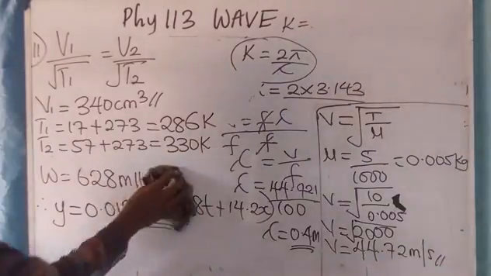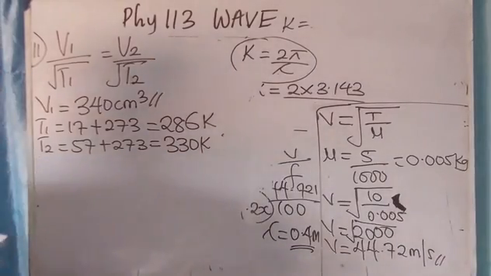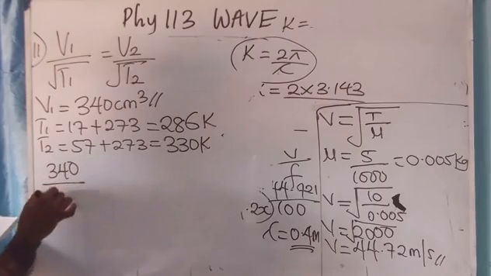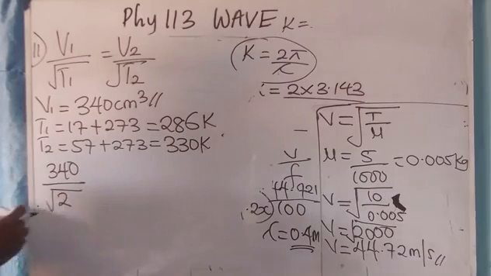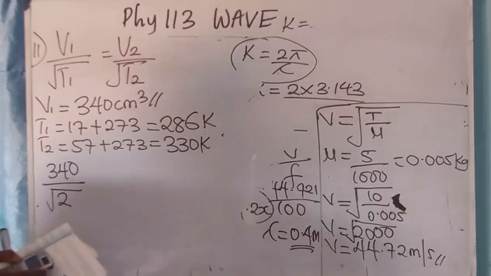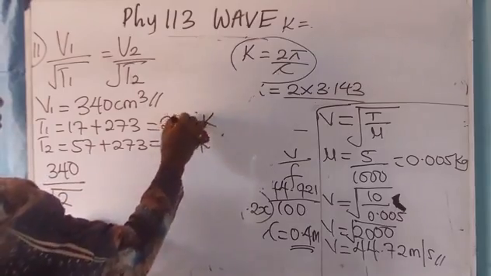So what do you do next? You substitute. You say V1 is 340, then the square root of T1, which is 17 plus 273, that is 290.